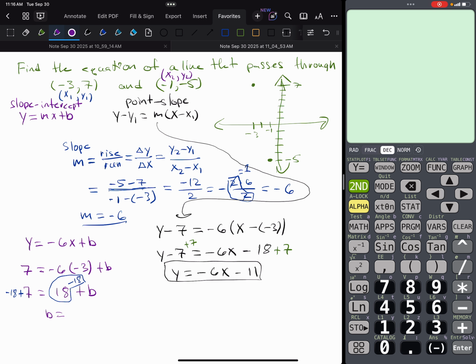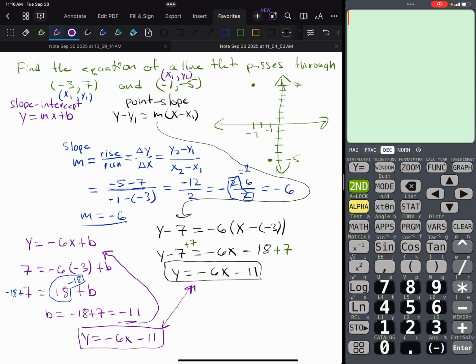And then it'll be negative 18 plus 7, which is the same thing as negative 11. And so if I take that value, plug it in for b back up there, I get y equals negative 6x minus 11, which beautifully is the same value I got working it the other way.